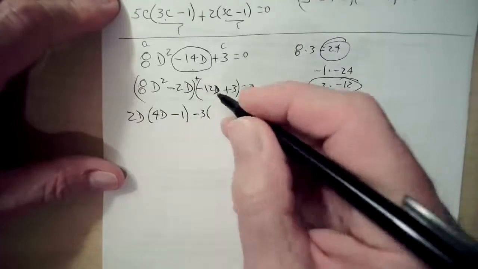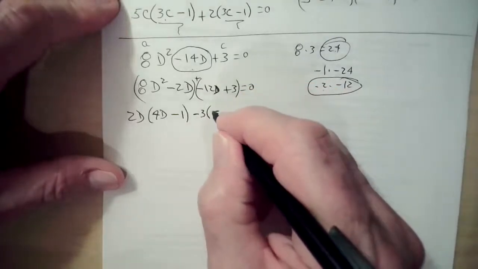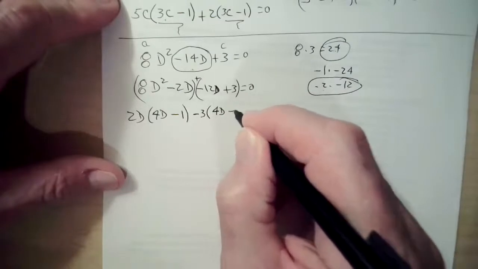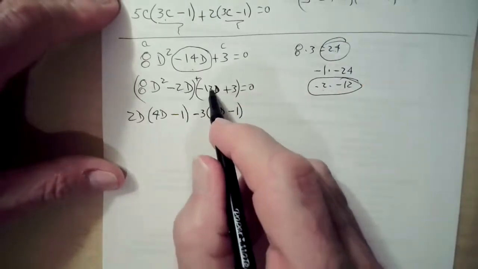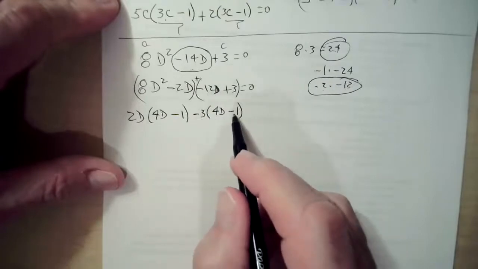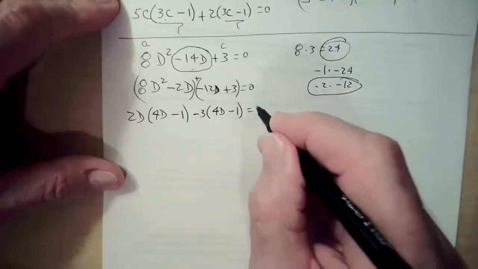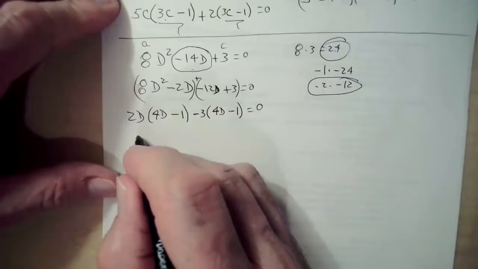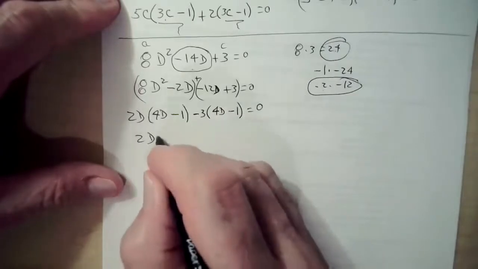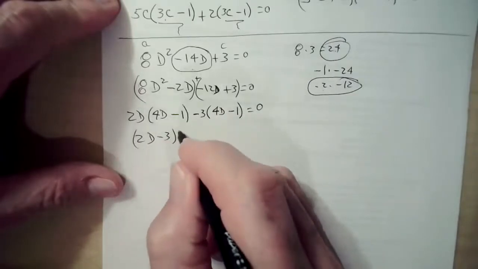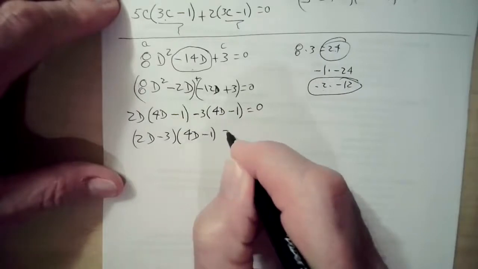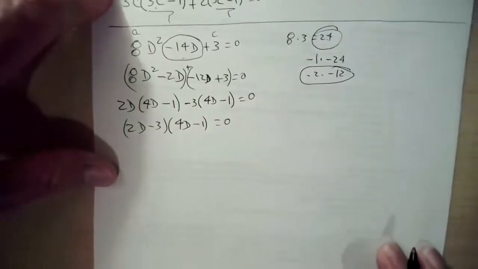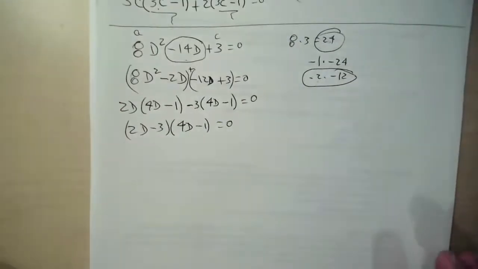A -3. Open 4d minus 1. And do it backwards: -3 times 4d is -12d, -3 times -1 is a positive 3. That's correct. So we have 2d minus 3 times 4d minus 1 equals 0.